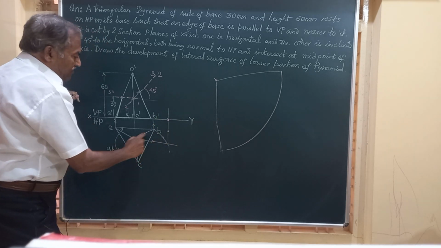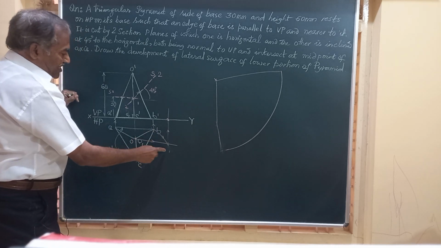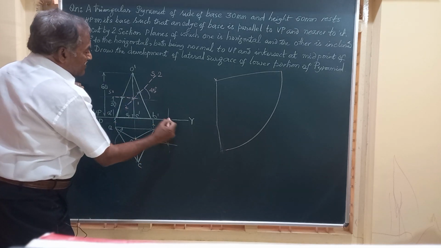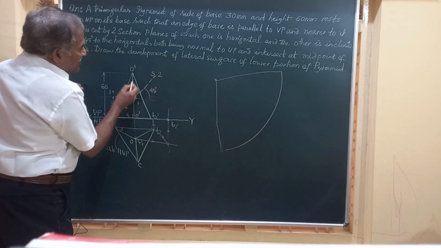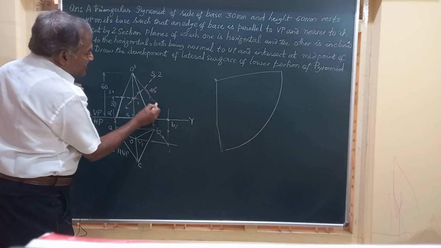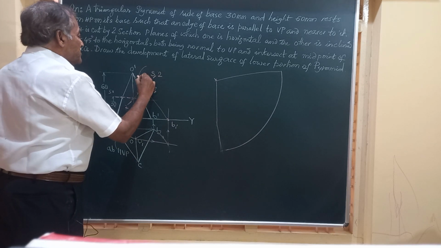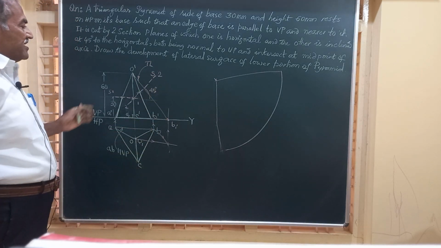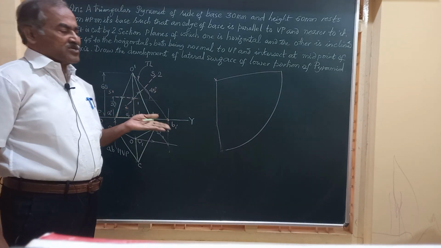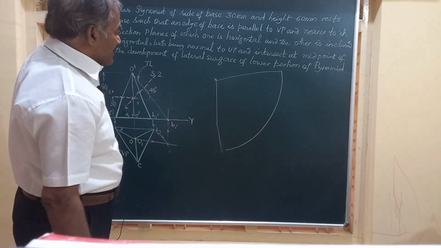That means I have made OB parallel to VP, and hence this O dash B1 dash will give you the true length of the edge. So I will say this is the true length. This construction is very important, and if you don't make this construction, you don't get any marks at all.